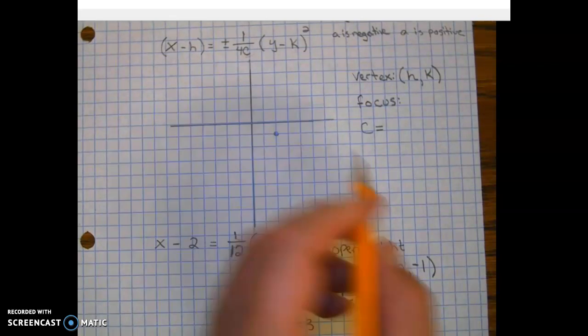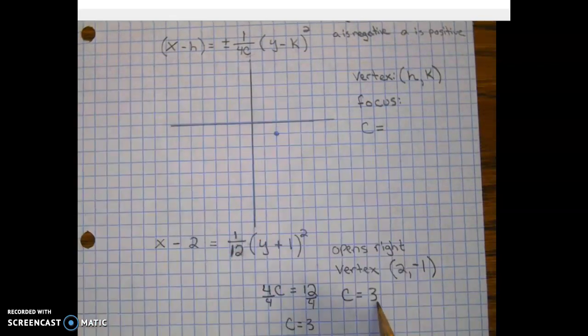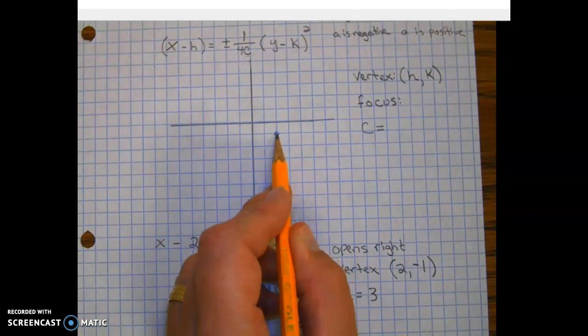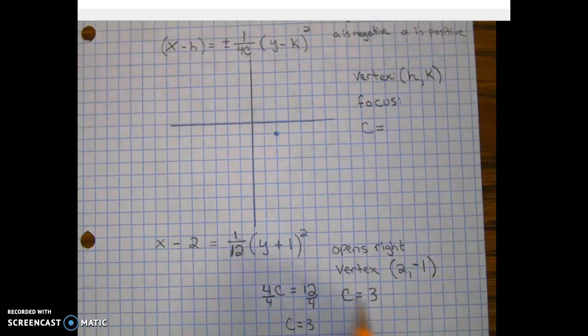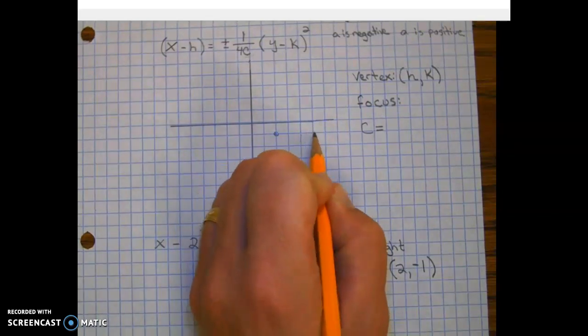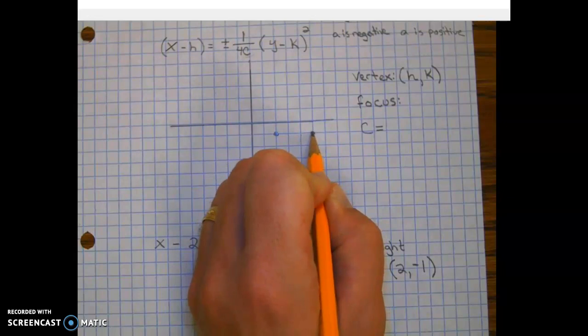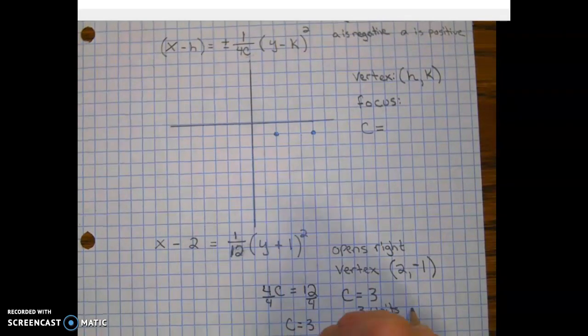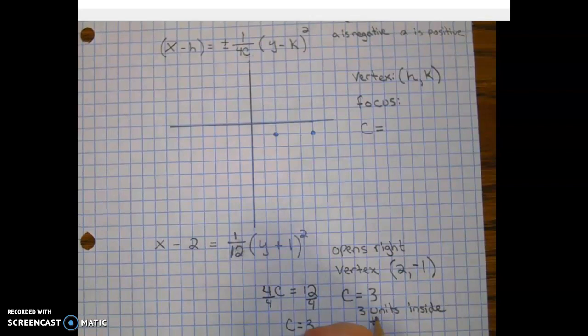Now, in order to find the focus, you must calculate c. c tells us, basically, how far the focus is from the vertex. So it's 3 units. We would go 1, 2, 3 units inside the parabola.